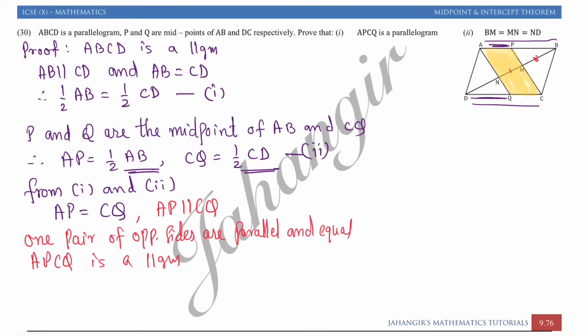Now second part, we have to prove BM is equal to MN is equal to ND. So that also we can prove easily. So now if APCQ is a parallelogram, we can say this line is parallel to this line. So we can say AQ is parallel to PC. We can say this.